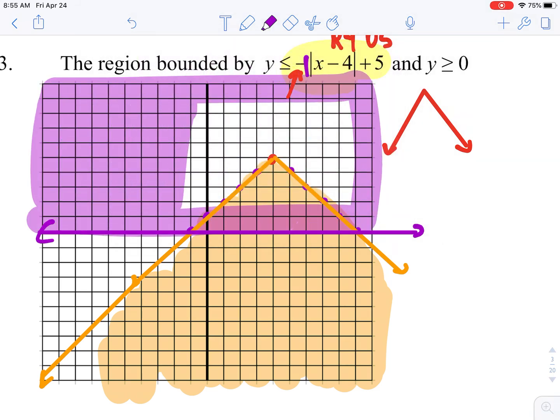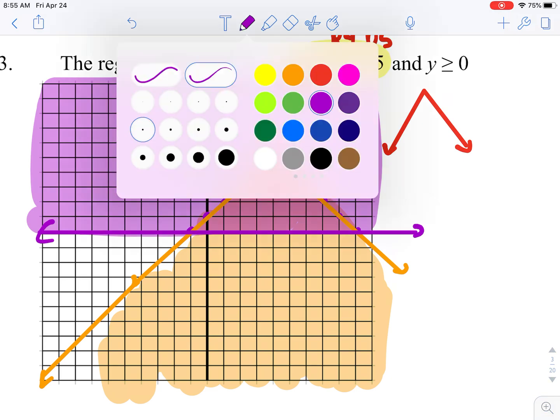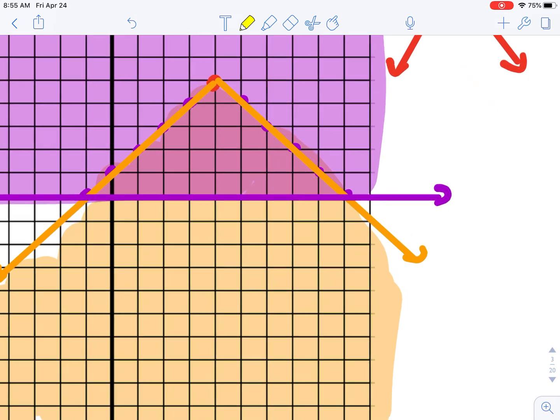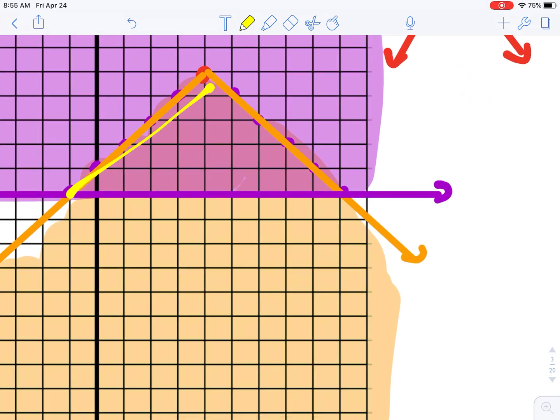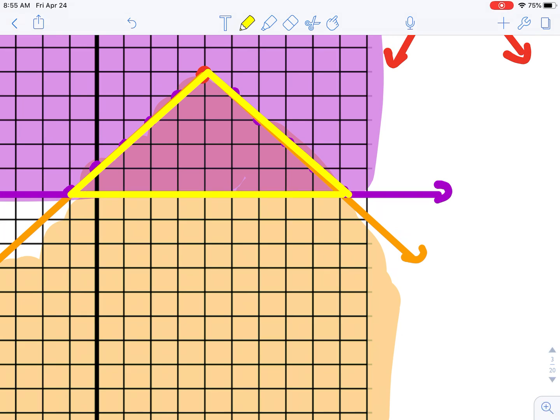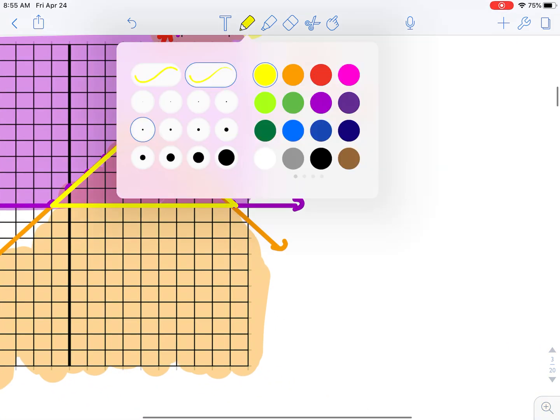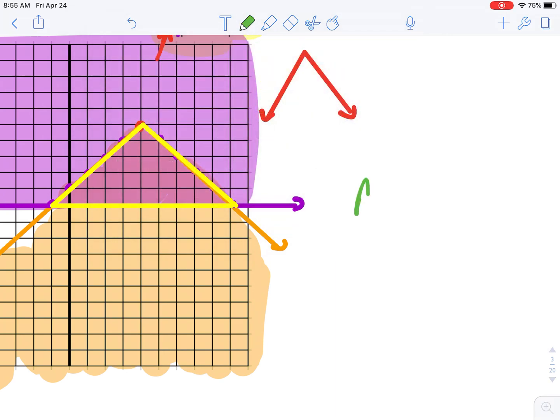And keep in mind that when you do this, our goal is to find the area of this bounded region. And this also creates a triangle here. And our goal is to find the area of that triangle. Area of a triangle is 1/2 base times height.